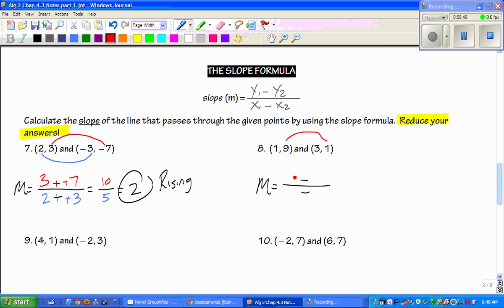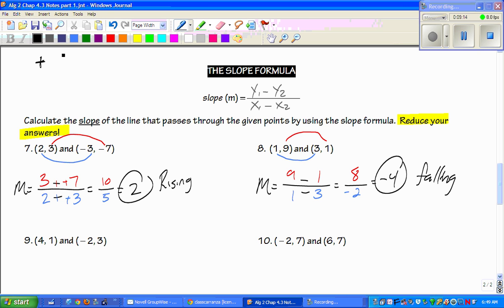All right, let's do the same thing. 9 minus 1, 1 minus 3. 9 minus 1 is 8. 1 minus 3, be careful there, it's negative 2. 8 divided by negative 2 is negative 4. Since it's a negative slope, we are falling.